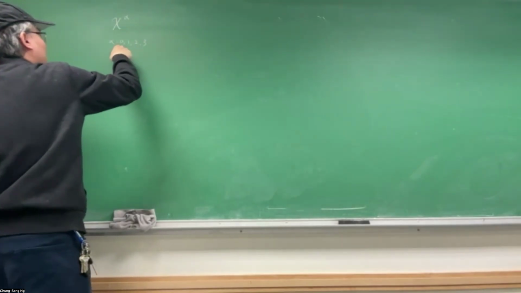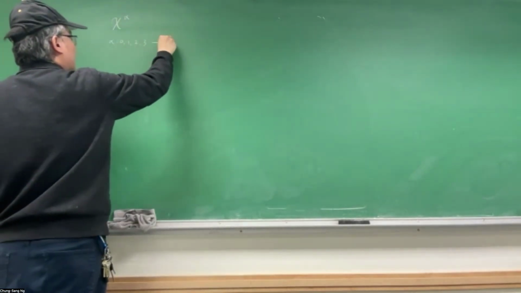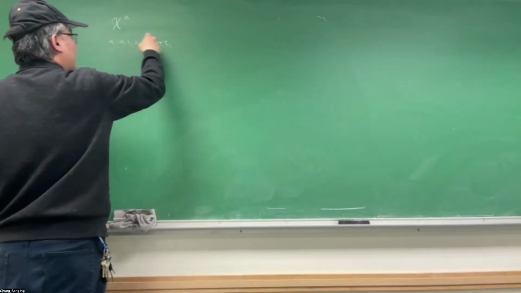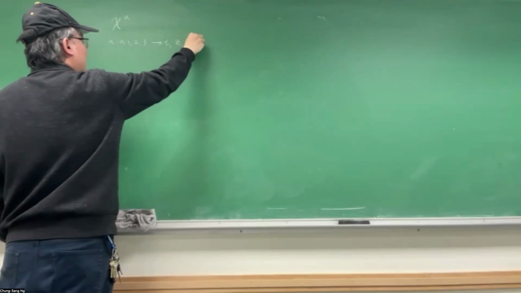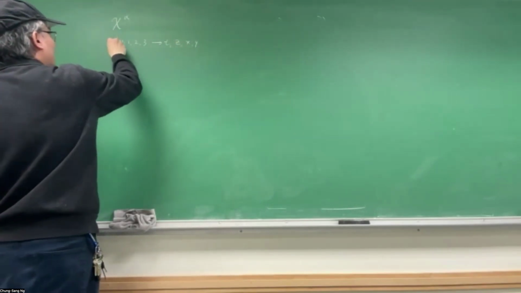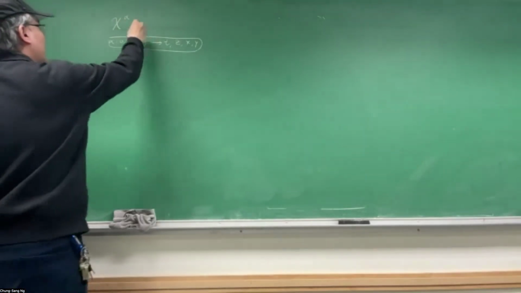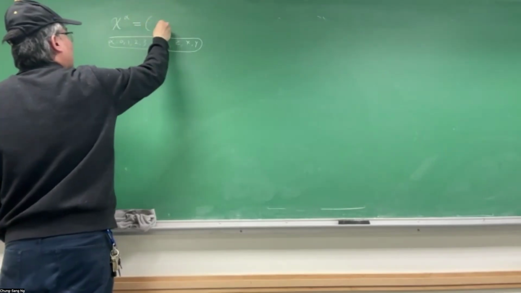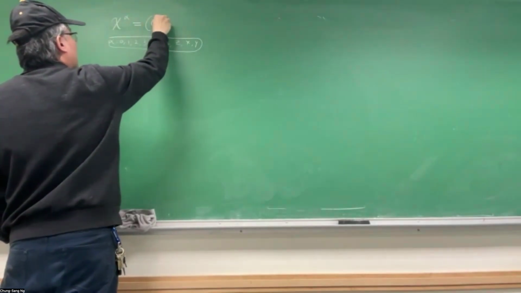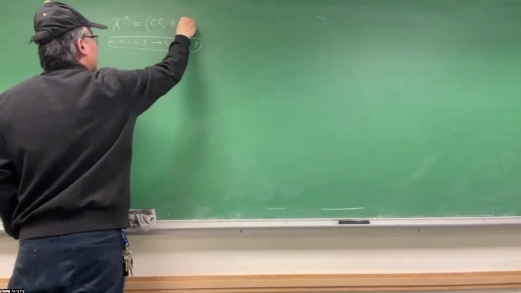The 0 is the time component, and in Jackson, 1 is the x axis. So anyway, we'll define this contravariant four vector such that the zeroth component is c times t.